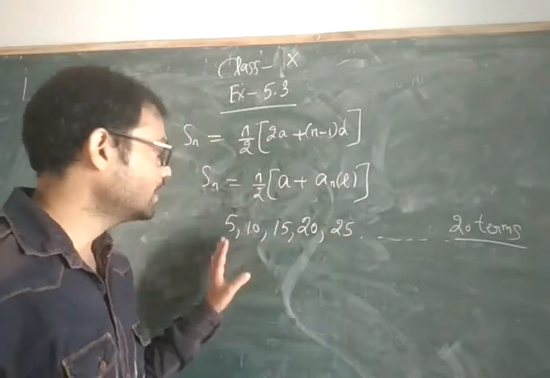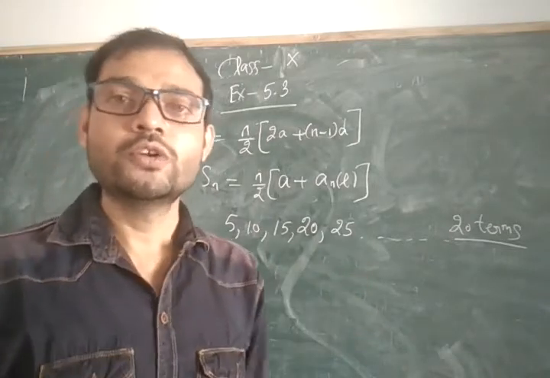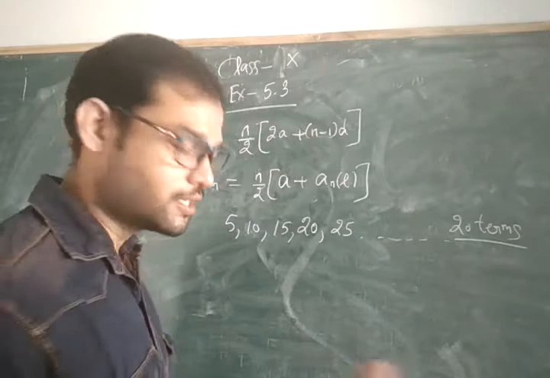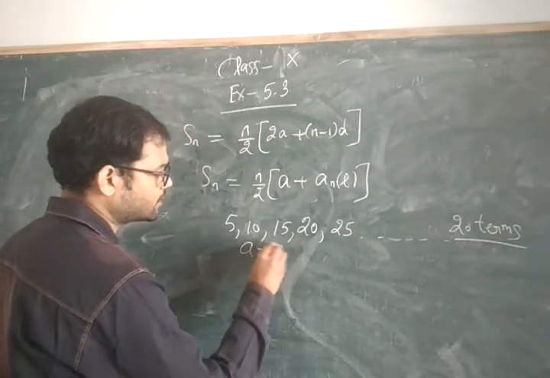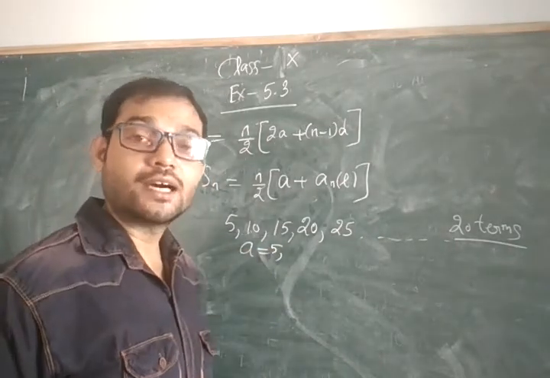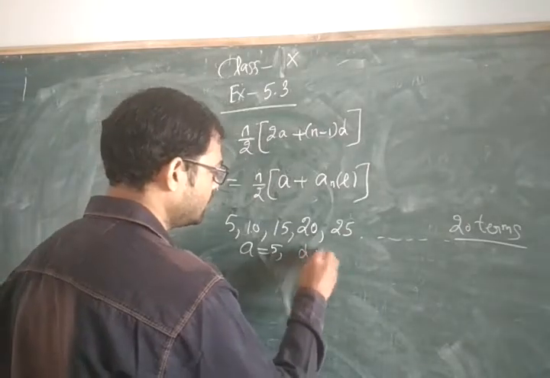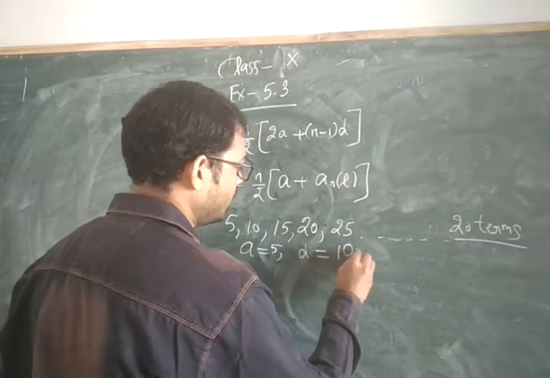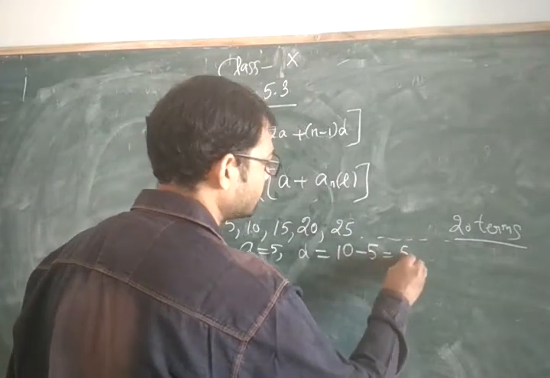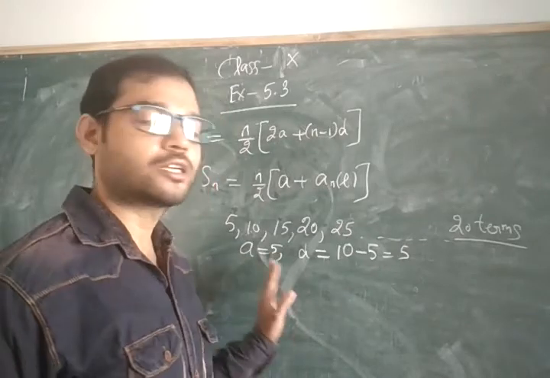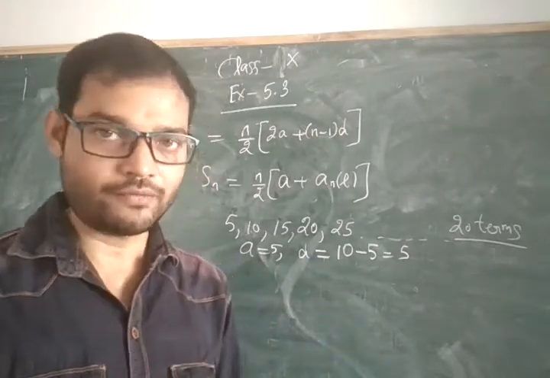So if you have an AP, then you know two things automatically. One is the first term, and the first term is 5, and the other thing is the common difference, and that is d is equal to 10 minus 5, which means 5. So your common difference will be 5 and your first term will also be 5.